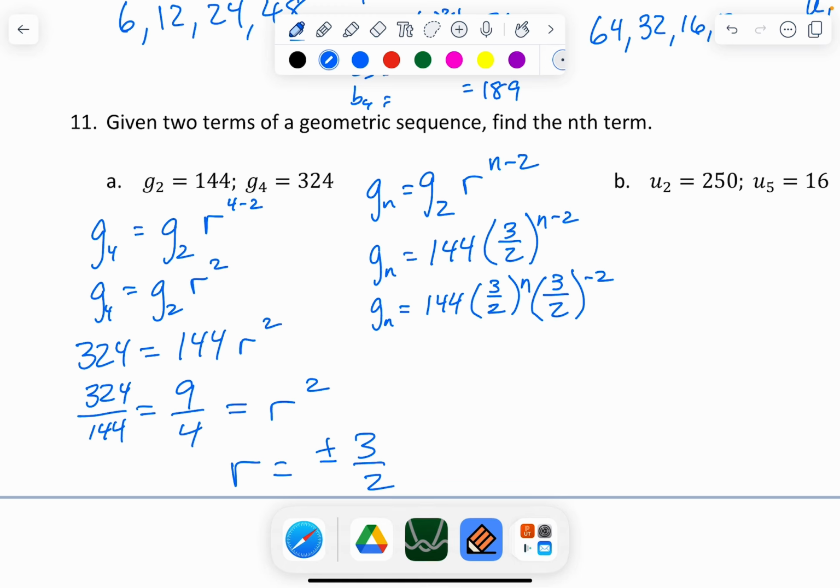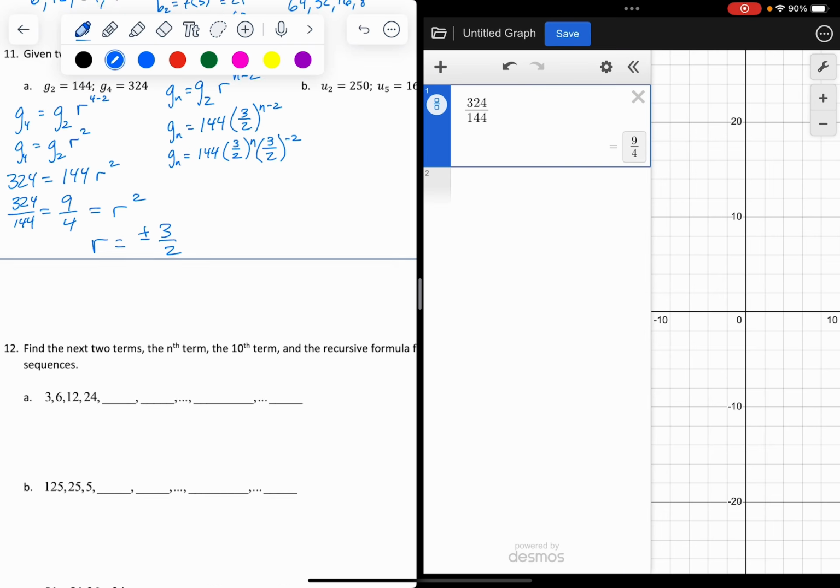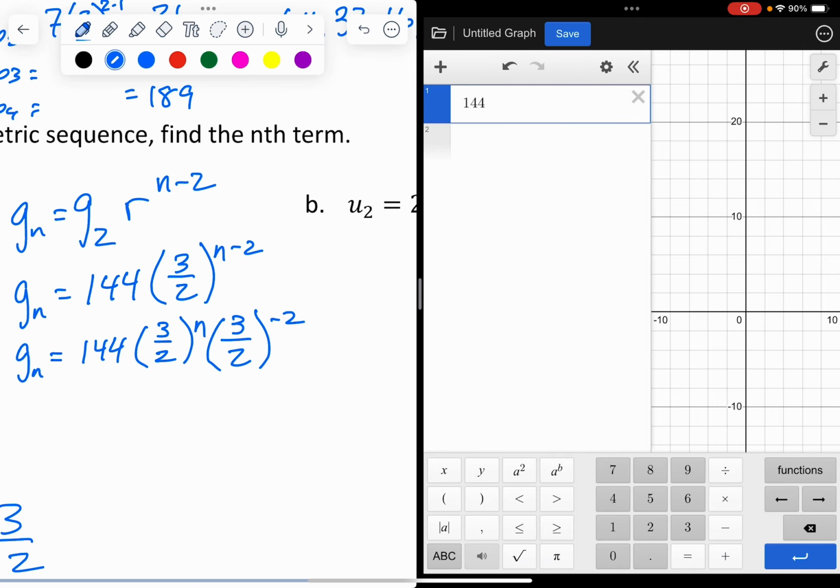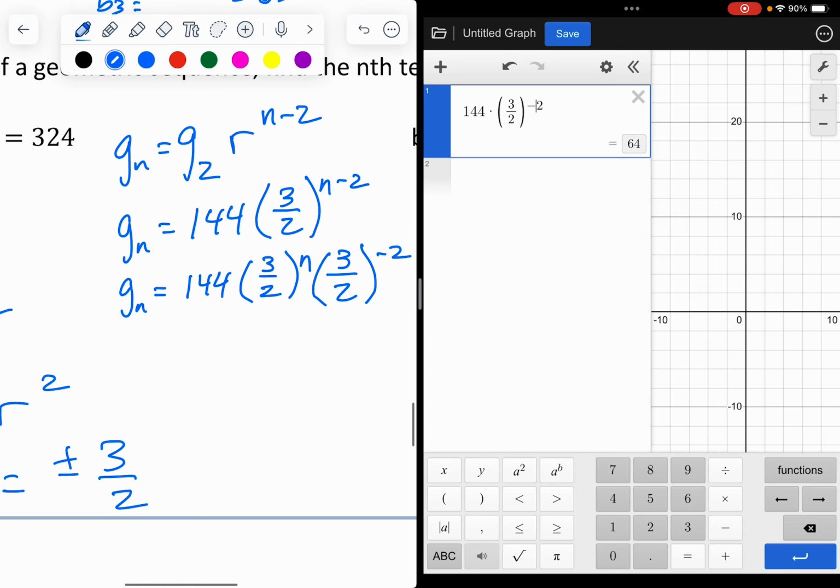And then let's come back to Desmos and clean this up a tiny bit. 144 times 3 over 2 raised to the -2. Okay, and so when I do that, that cleans up to be a 64. So my equation is going to be 64 times 3/2 to the n power. That would be a nice, clean version of that equation.